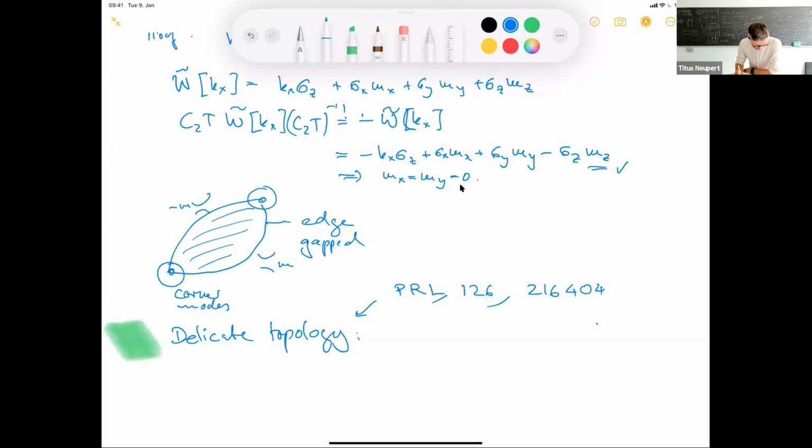You can remove the obstruction of exponentially localizing symmetric Wannier functions and trivialize by adding orbitals, atomic limits, even to empty bands.